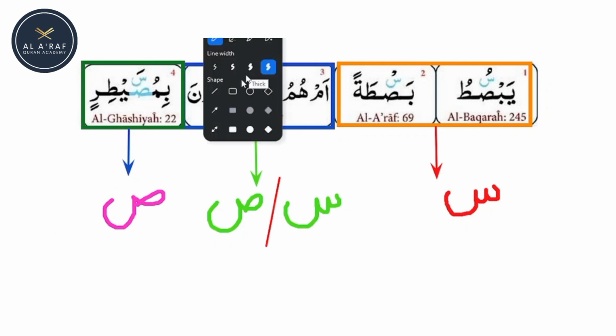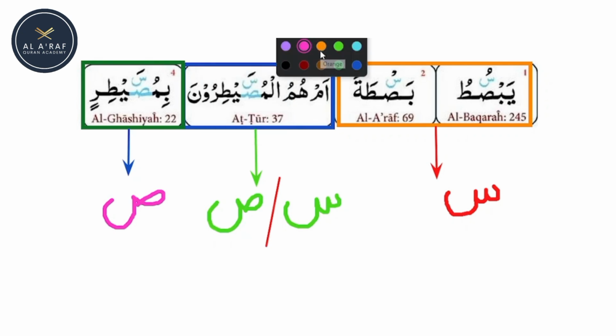If I just tell you about the first two, can you count the number of letters in these two words, the first two words? How many letters are here? You can see ya, ba, seen or sword and ta. One, two, three, and four, right?